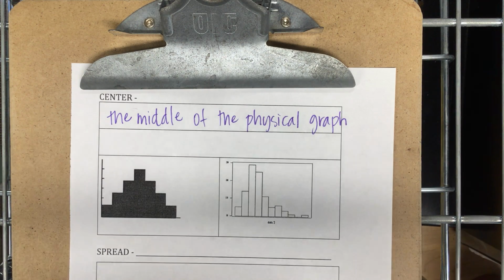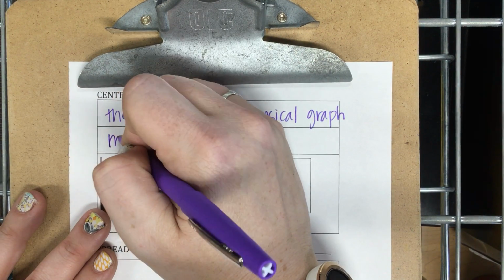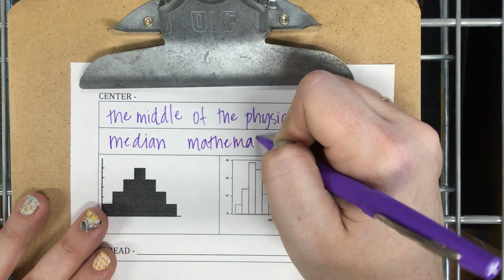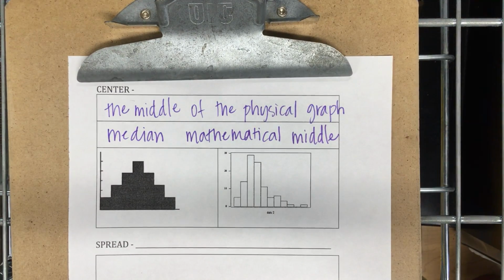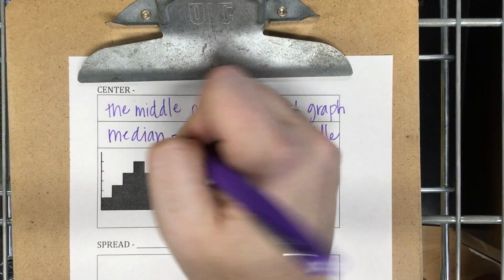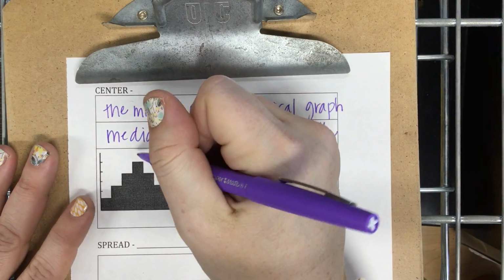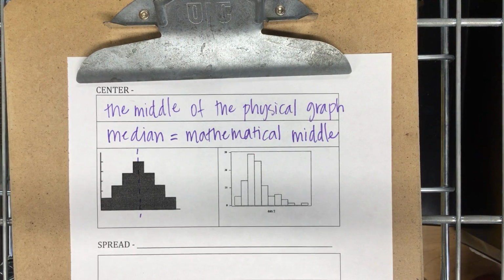There's also the mathematical middle, which is called the median. So if I'm looking at this first histogram, the physical middle is right there. Where do you think the mathematical middle is? Right there. These middles match up.